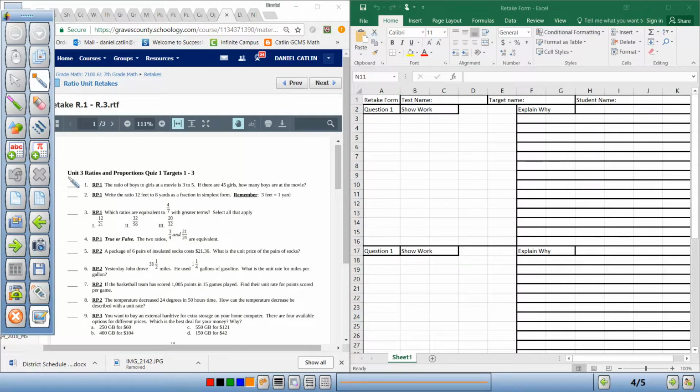The test name is right here, Unit 3, Quiz 1. So you would write Unit 3, Quiz 1 on your form. The target name, R1, and then your name. Make sure you make that clear so I can read it, first and last name.